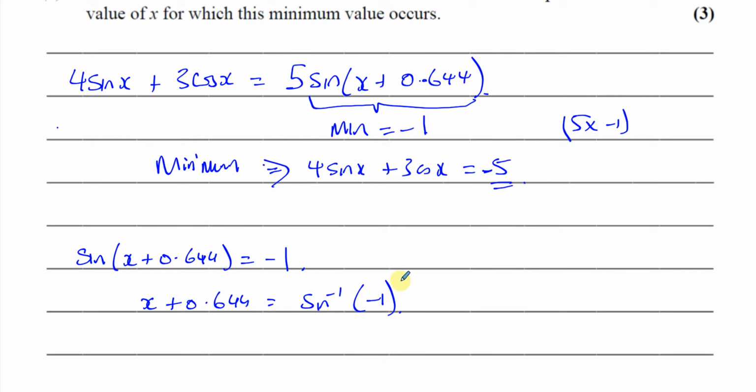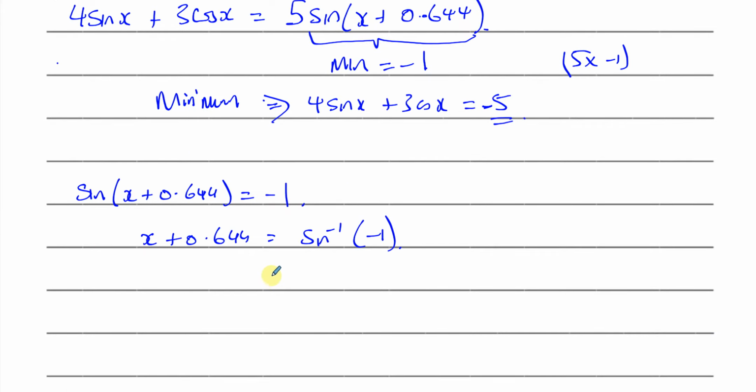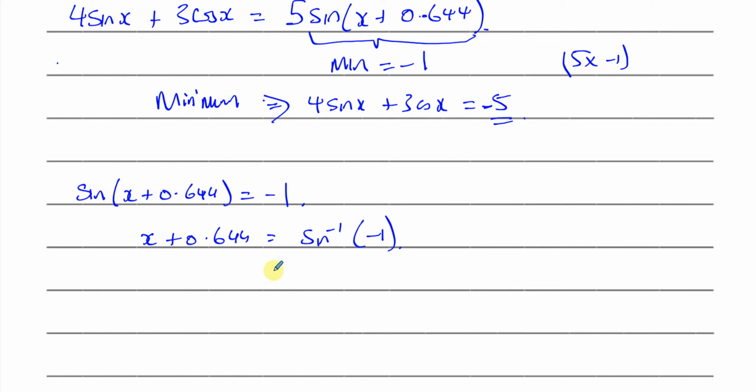Now, the inverse sine of -1, the calculator will give you negative pi over 2. Let's just make sure of that. Inverse sine of -1. The calculator gives you negative pi over 2.